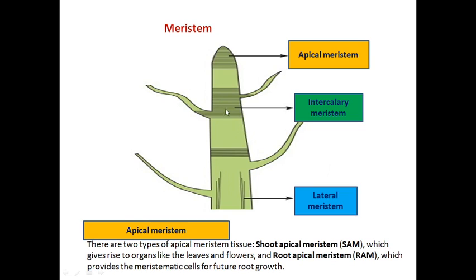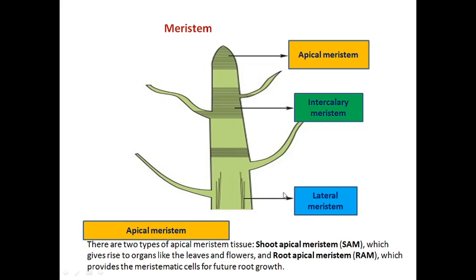So they are here, and here, and they are called intercalary meristems. These two meristems, apical meristem and intercalary meristem, are the first formed meristems, and that is why they are also called primary meristems. I have not mentioned it here, but please remember this.